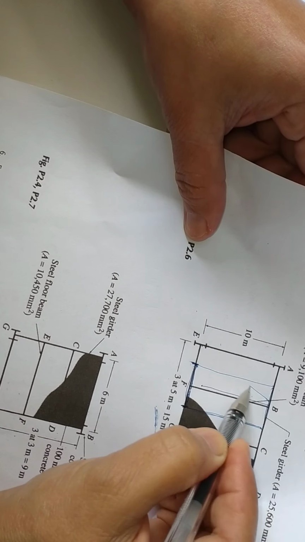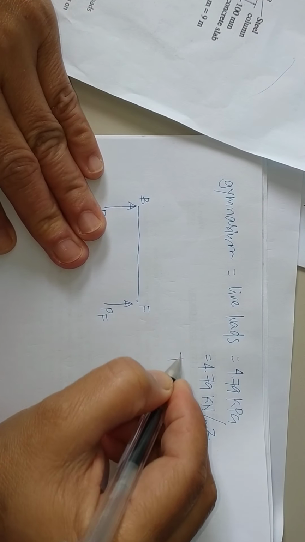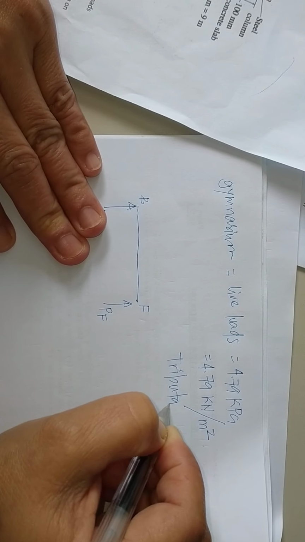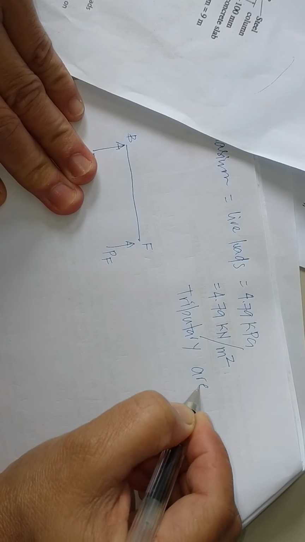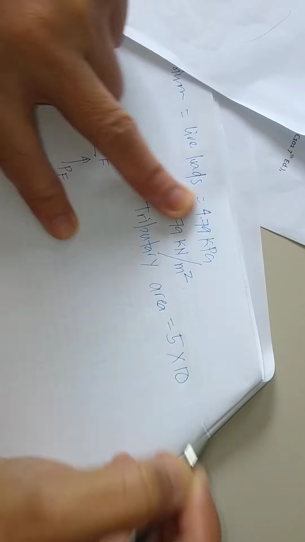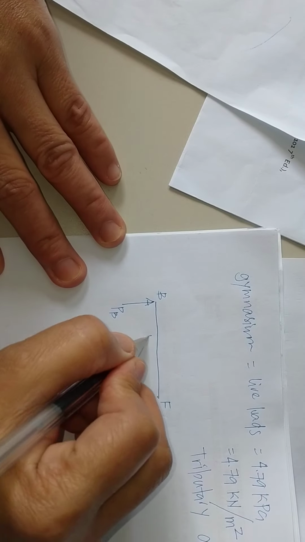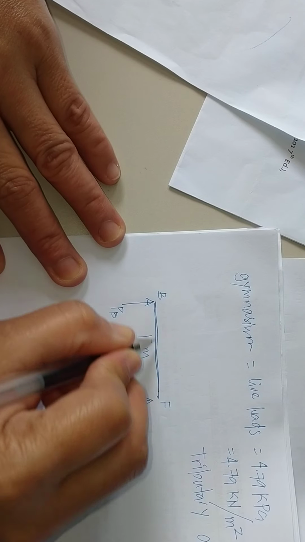Ayan, 5 by 10 tributary area. Tributary area is equals 5 by 10. Okay. This is 10 meter span.